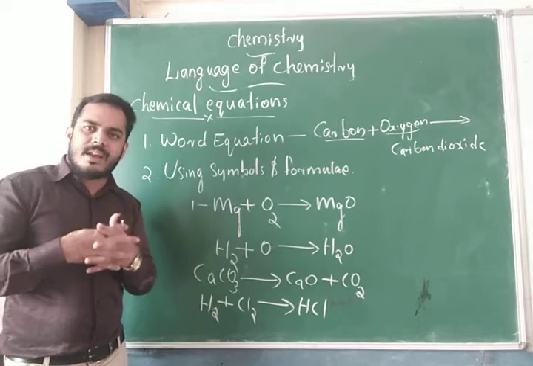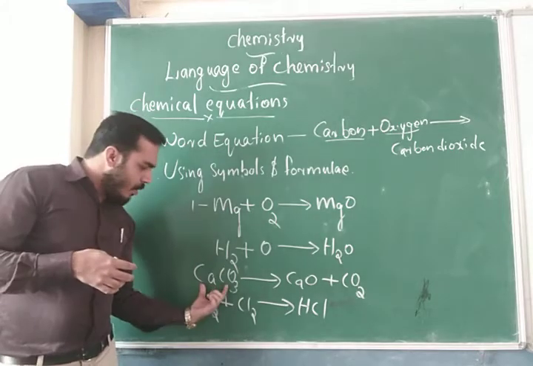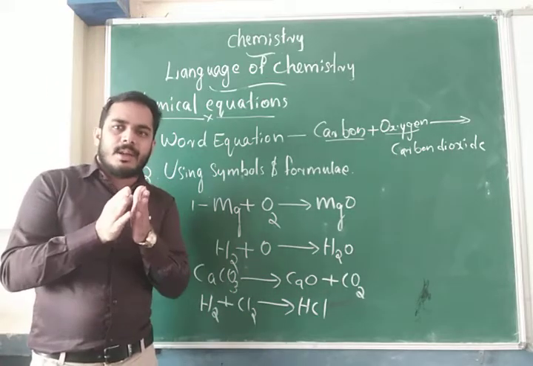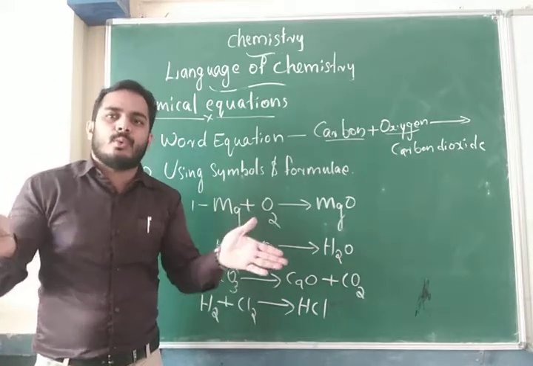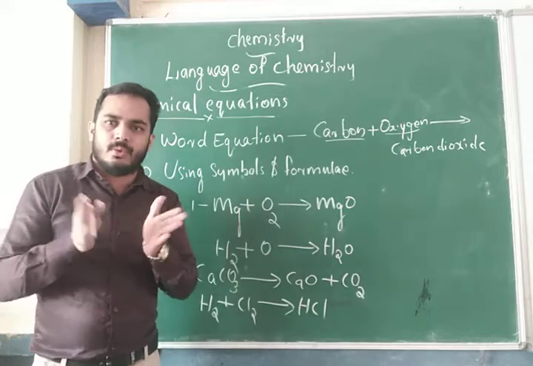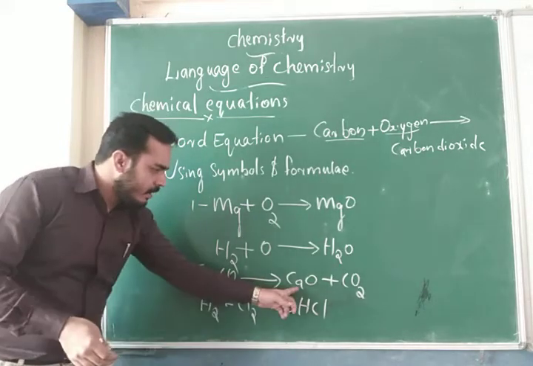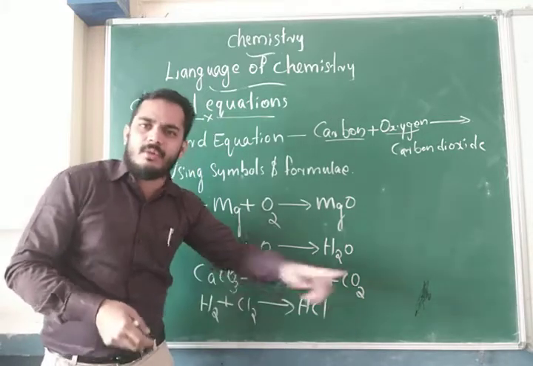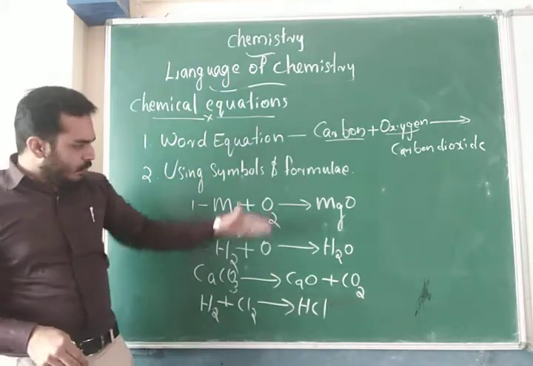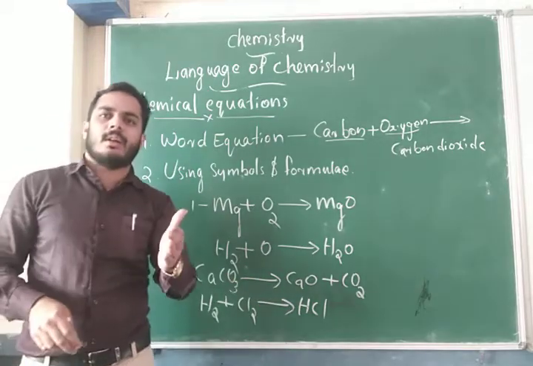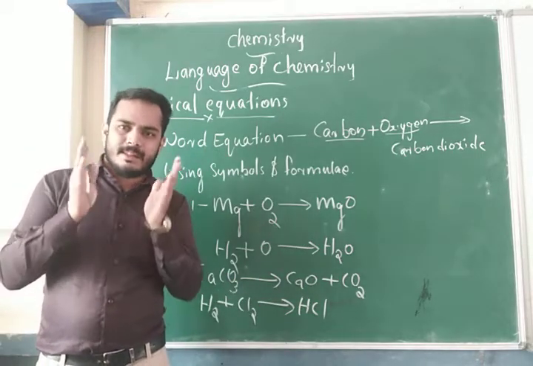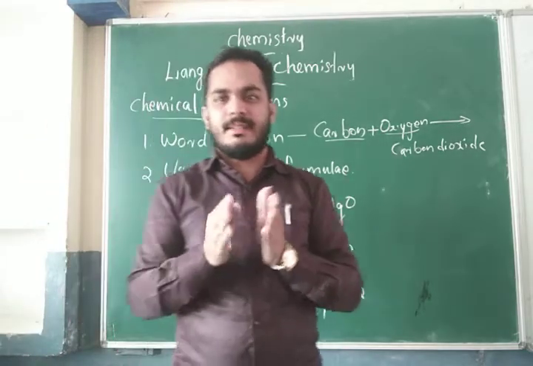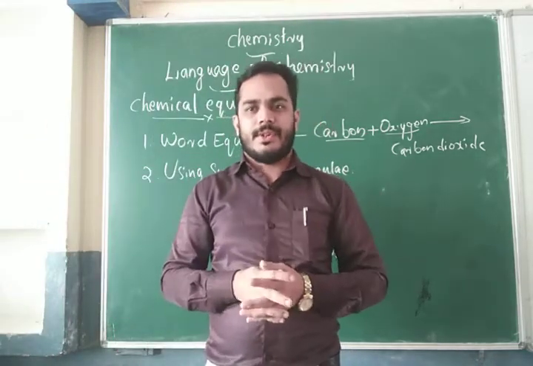The three different elements combine together to form a compound called calcium carbonate. This calcium carbonate breaks into two new substances: one is calcium oxide and the second is carbon dioxide. Here I am using only chemical symbols. These are the basics of chemical equations, the two types.